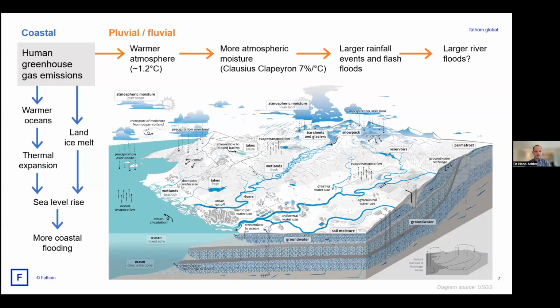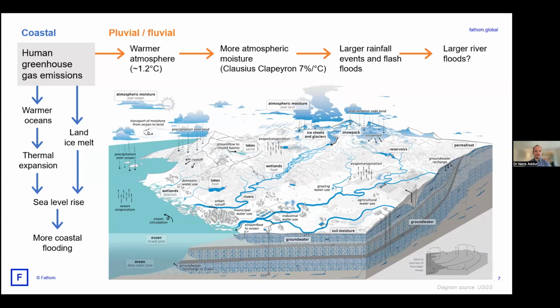So we'll be talking about pluvial, fluvial, and coastal flooding. And really a good starting point to understand what's going on is, as often, the water cycle, and specifically what's happening to the atmosphere. So humans are releasing large quantities of greenhouse gases into the atmosphere, and these gases trap heat.